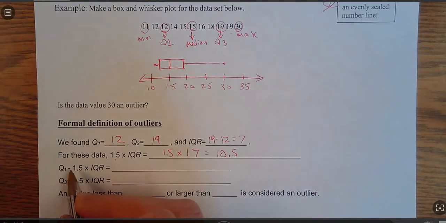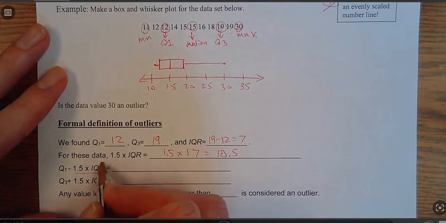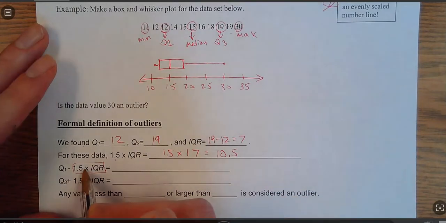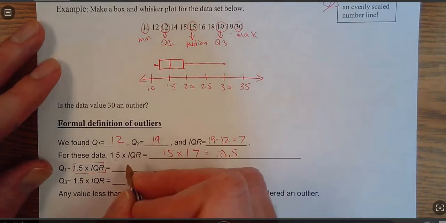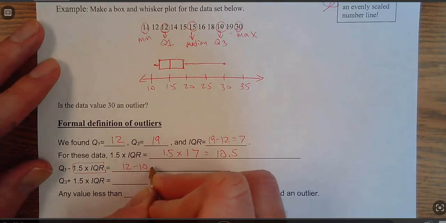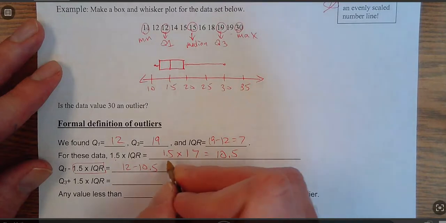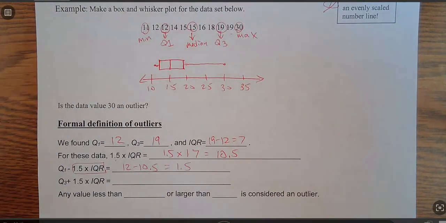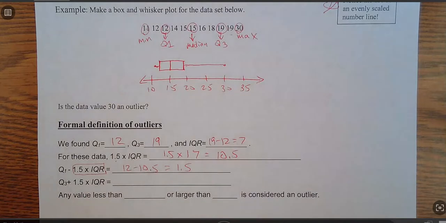So Q1, which was 12, minus 10.5 is 1.5. That's my lower bound. No data was below 1.5, so there are no low outliers.